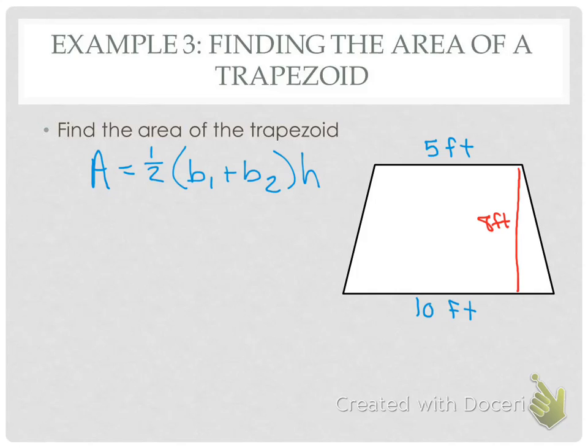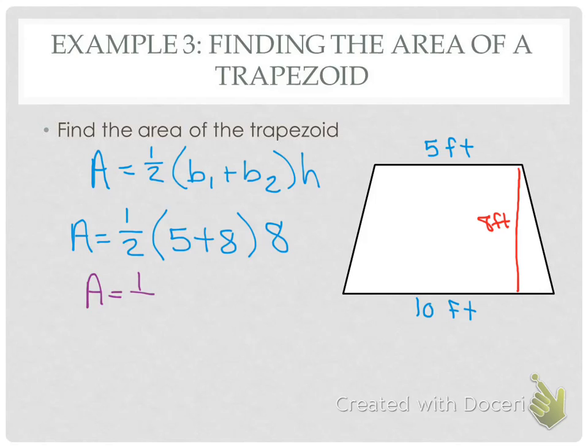So now I'm going to plug in the numbers. Area equals 1/2 times 5 plus 8, those are my two bases, times the height, which is 8. Okay? So now order of operations says, what do I do first? I need to do what's in parentheses.